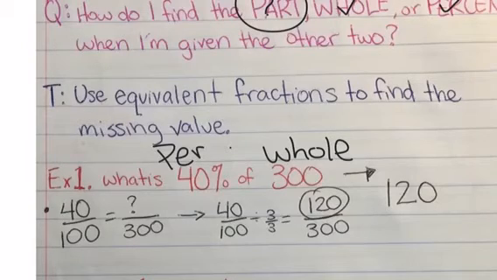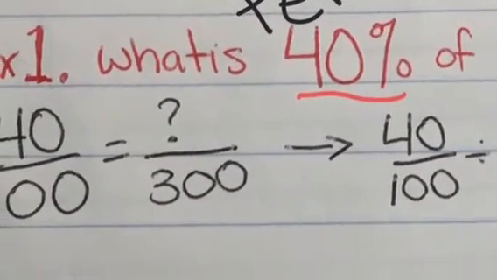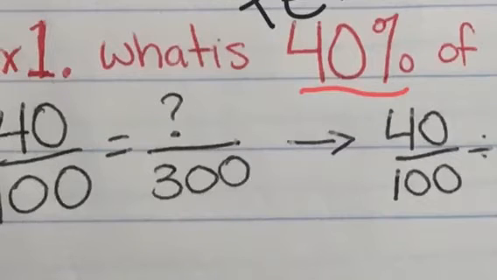Down here in the task part, we are using equivalent fractions to find the missing value. We start with 40%, and we write it as a fraction, which we have done here, 40 over 100, because remember, anything that is a percent is whatever that number is over 100. So start there. I said a couple lessons back that it is a part to whole ratio.